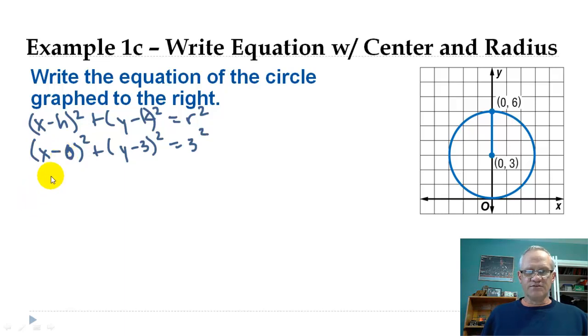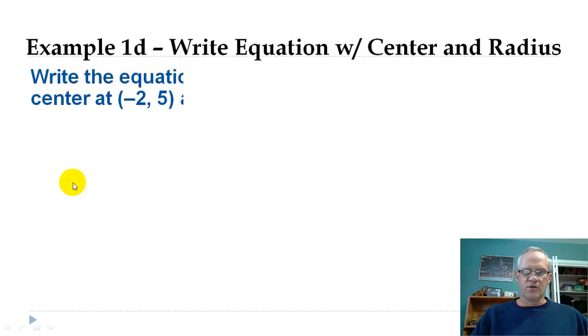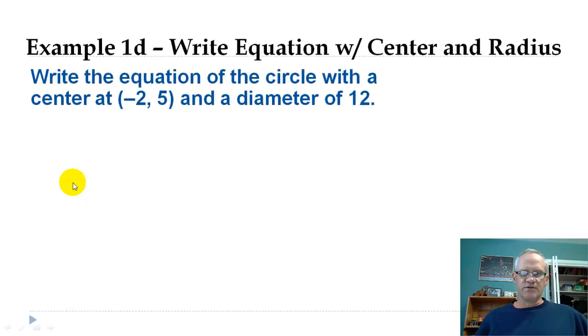So what we would say here is x squared plus y minus 3 squared equals 9. That would be the form of our equation. Same thing, if you had 0 as your y value, you would just make it y squared. So whenever you have a number that's 0 for h, you can just drop that and call that x squared. Okay? All right, one more on this, and then we'll move on to something else.